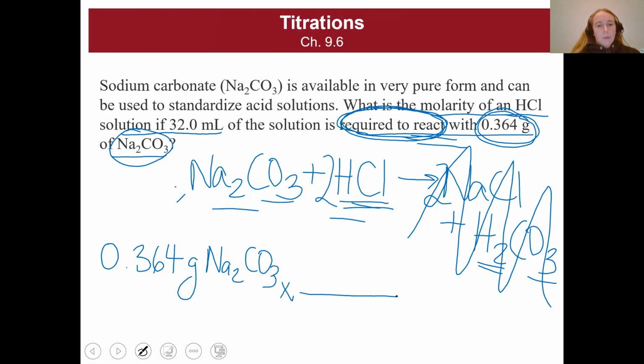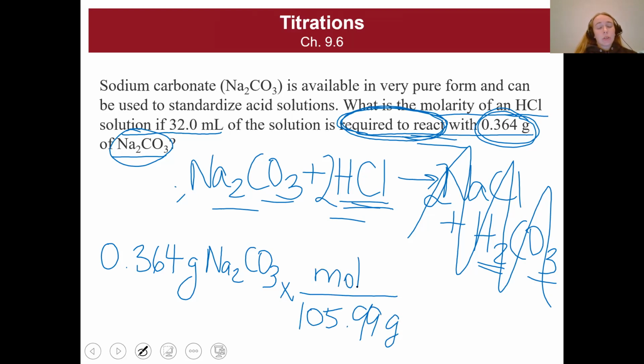So I'm going to look up the molar mass here and give it to you so that I don't have to add it all up. So I found it to be 105.99 grams per mole. So you guys should be working along with me. You should have your notebooks out. You should be writing.